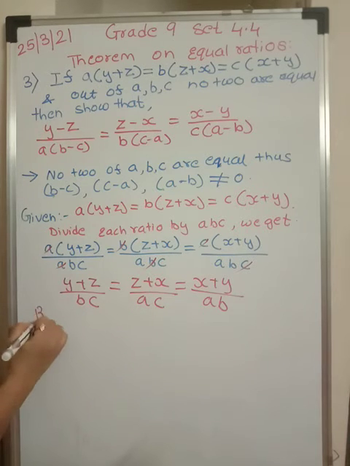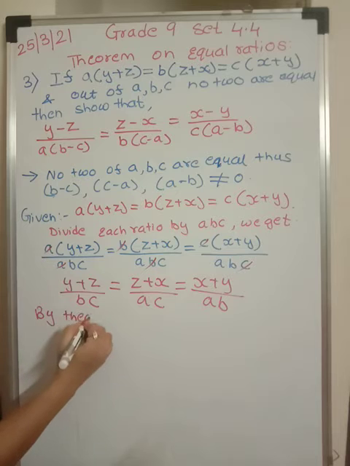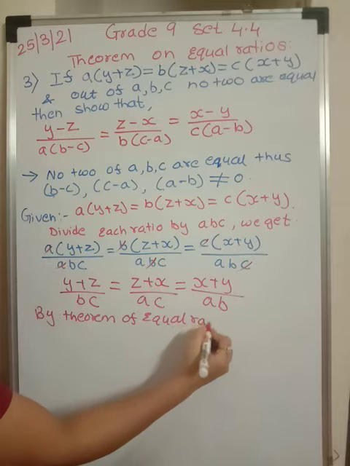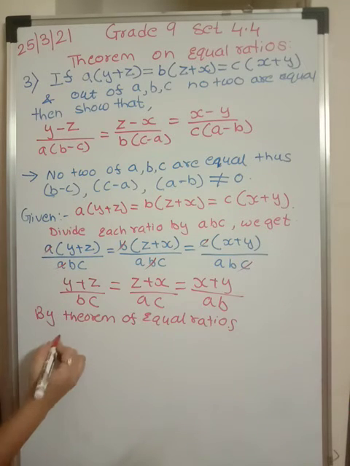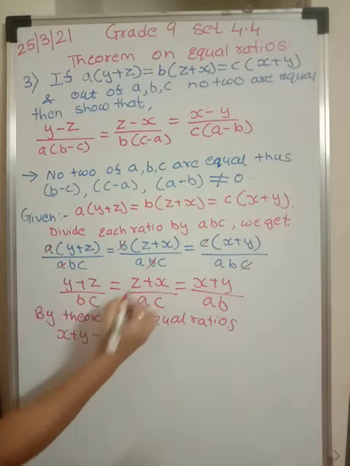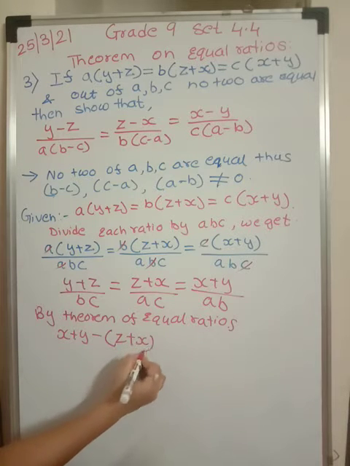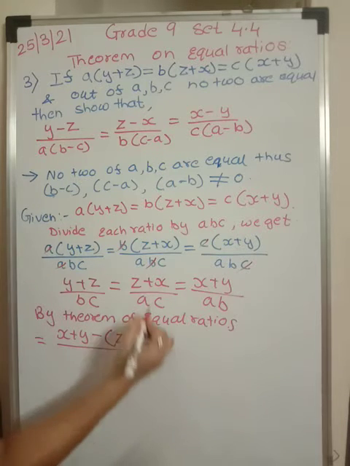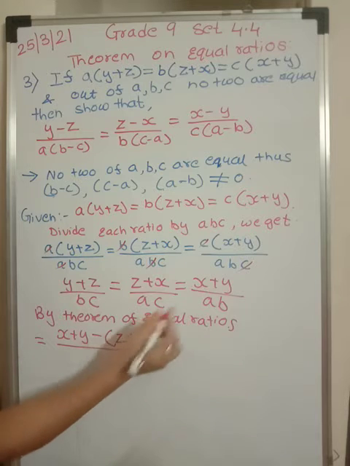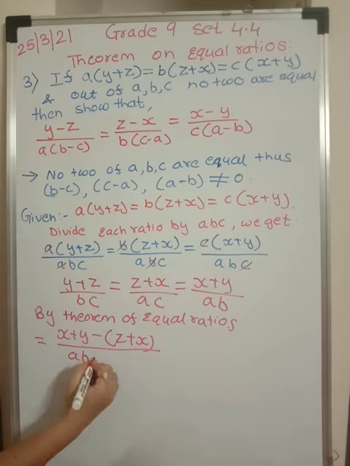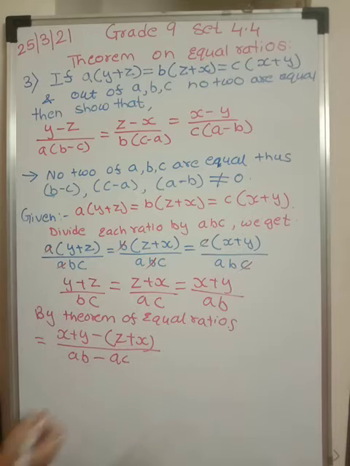So first I am getting here by theorem of equal ratios, I am doing x plus y minus, I am subtracting this z plus x. So each ratio would be equal to, upon, this two I am subtracting, so I need to subtract this two also. What am I going to get? ab minus ac.